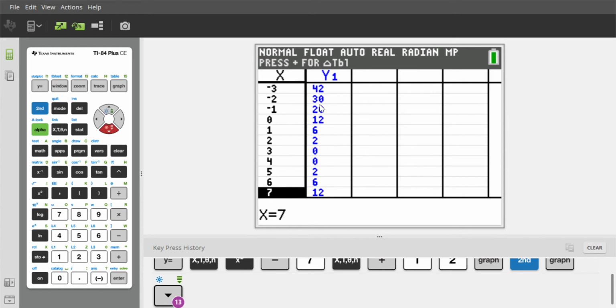So notice I've got positive y values, I have 0, I have another 0, which means somewhere between 3 and 4 I'm going to have the graph go below the x-axis. So a quadratic has a degree of 2, therefore there are 2 zeros, a maximum of 2 zeros. Notice I found the 2 zeros here, so I would write my answer as x equals 3 and x equals 4, and that's using a table.